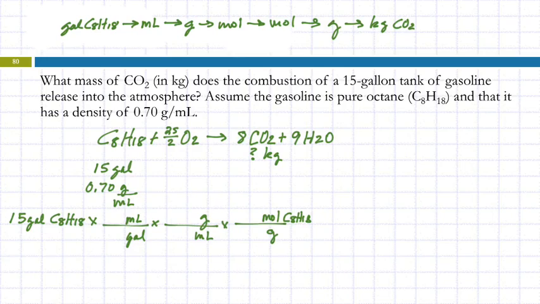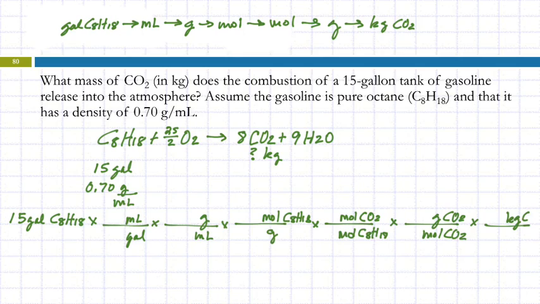Grams are going to be down there. Then I'm going to go to the moles of the other thing, moles of CO2, moles of octane down there. From moles, I'm going to grams of CO2, moles of CO2 down there, and then to kilograms of CO2, and grams down there.